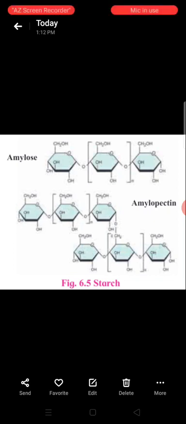So here we have discussed monosaccharides, their different types, examples, disaccharides, different types, examples, polysaccharides, different types, examples, their functions, etc. Now we will see the biological importance or significance of carbohydrates.